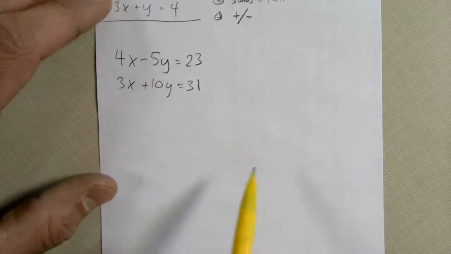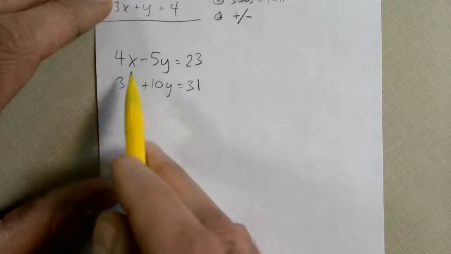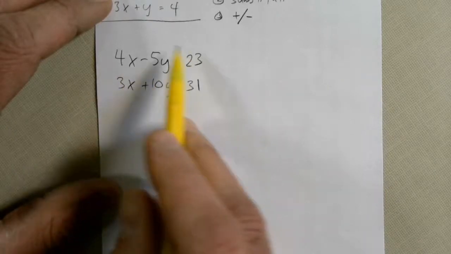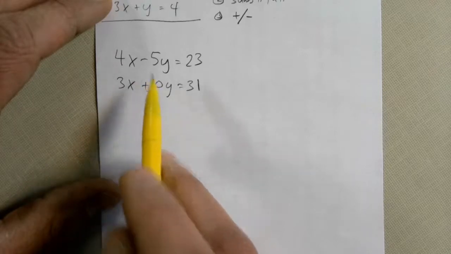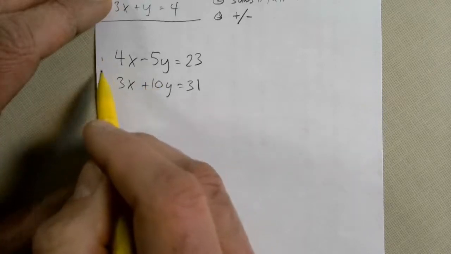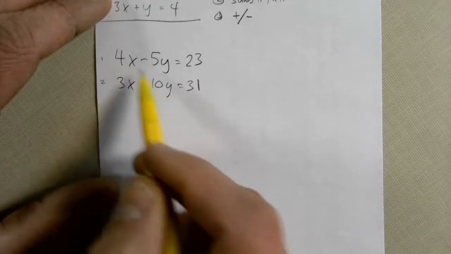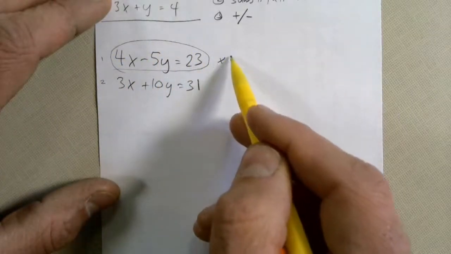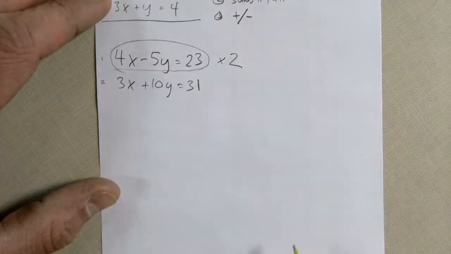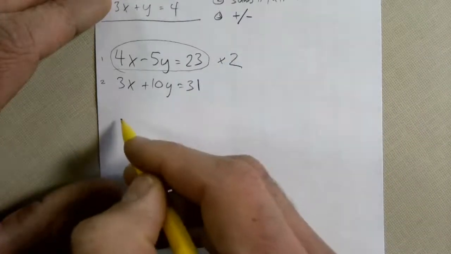Okay, notice 4 and 3 don't match up here, 5 and 10 don't match up. So what we're going to do is force one of these equations into an equivalent equation that will match it. So if this is equation 1 and this is equation 2, we're going to take equation 1 and multiply both sides of that equation by 2. Here's what will happen.